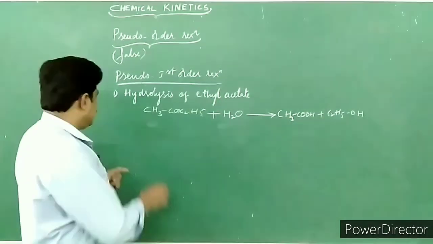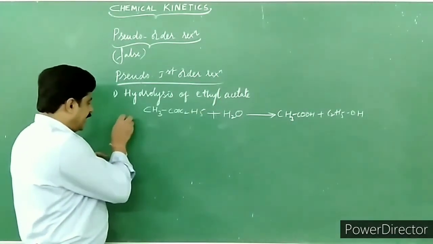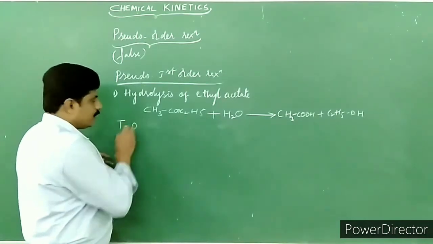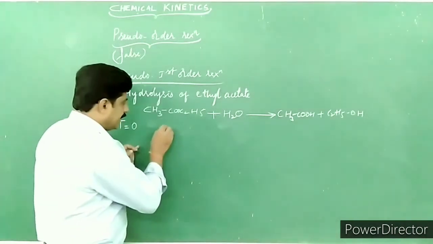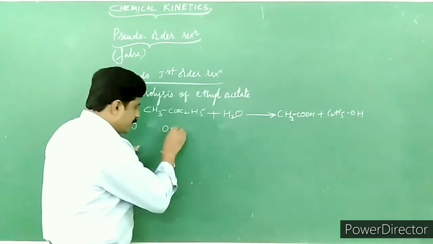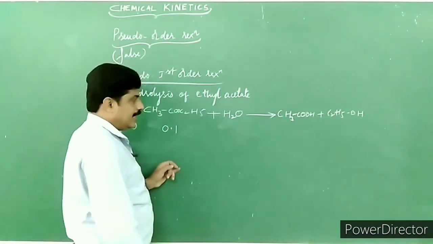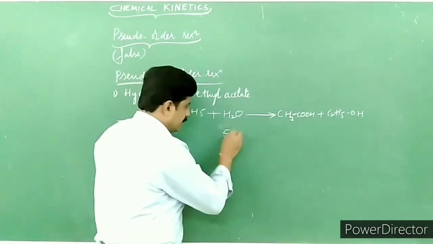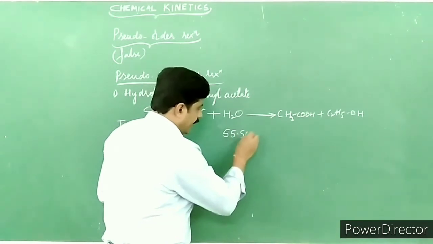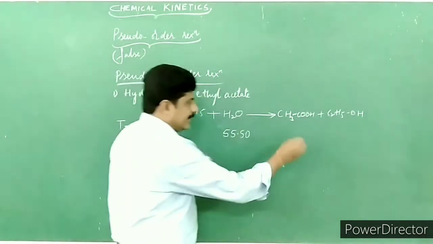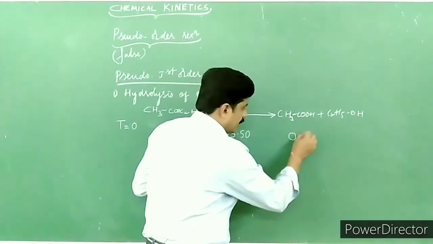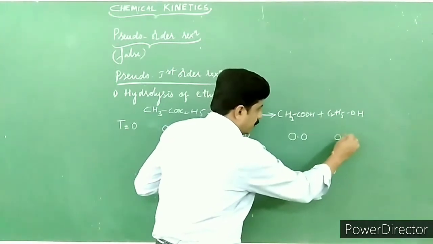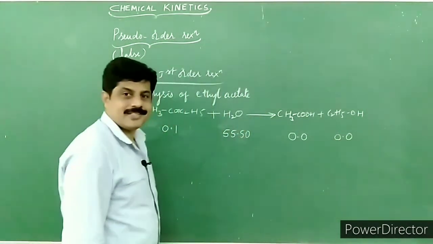Look at here, let me take when time is equal to 0, the concentration of ethyl acetate, let it be 0.1 moles. Now the concentration of water be 55.50, and initially when the reaction is not occurring, the concentration of product would be 0. Is it not?